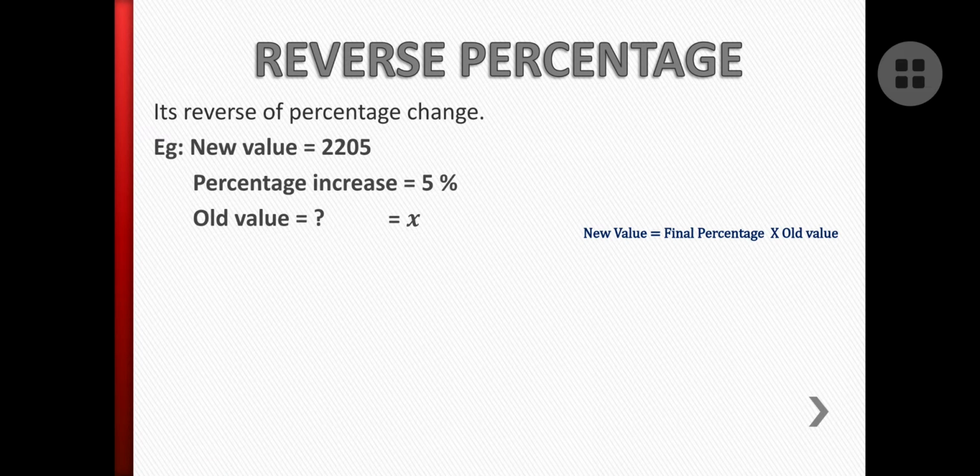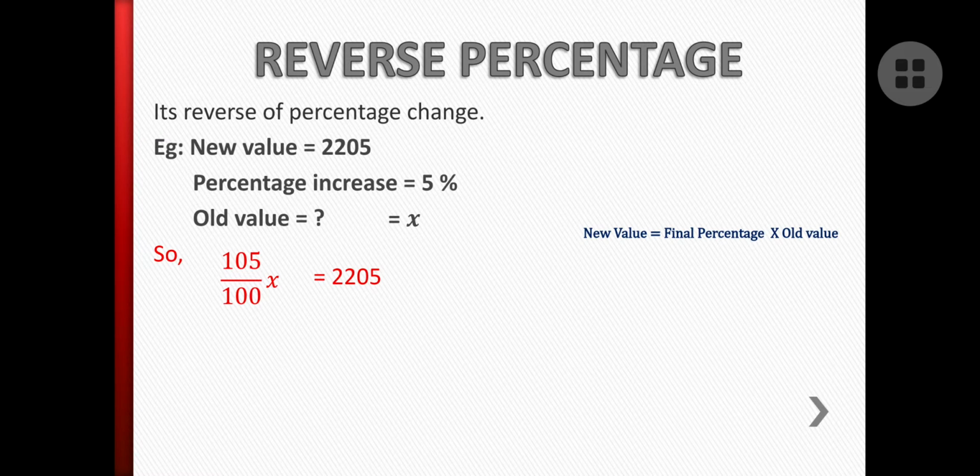First tell me what is the percentage increase here? 5%. A 5 percent increase means it will be 105 by 100, and the old value is x. So 105 by 100 into x is equal to the new value. What is the new value? 2205. We are just substituting the values in this equation.